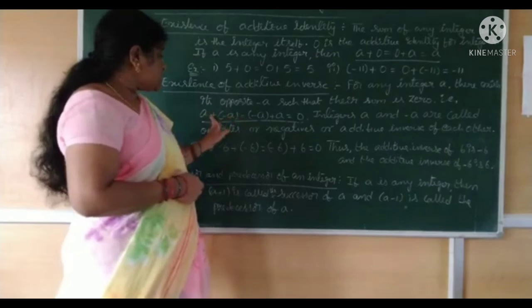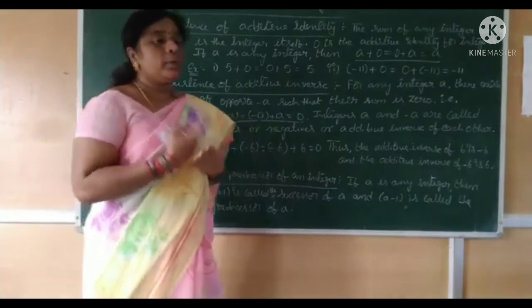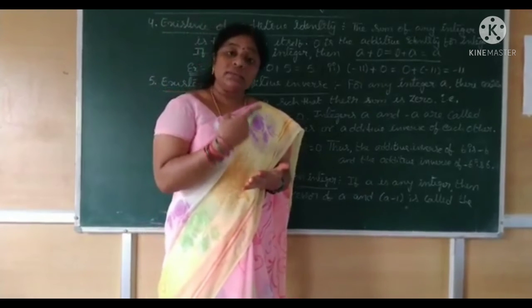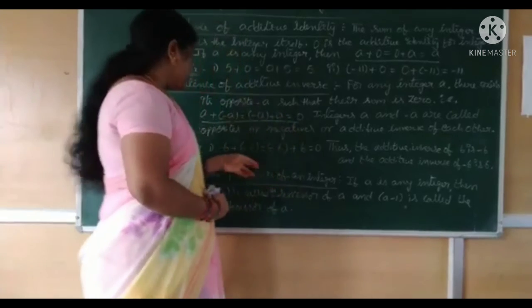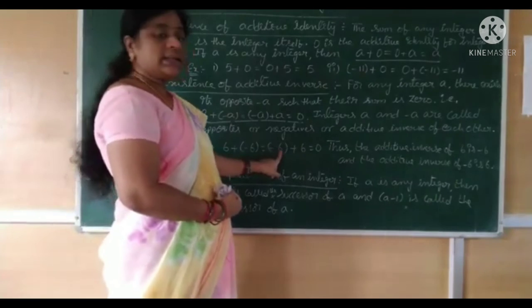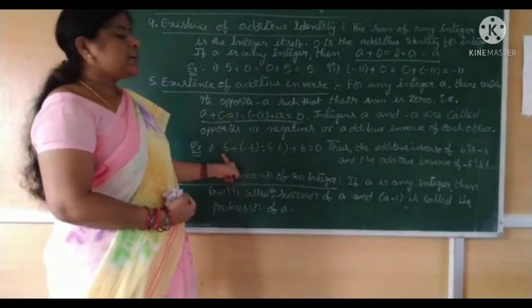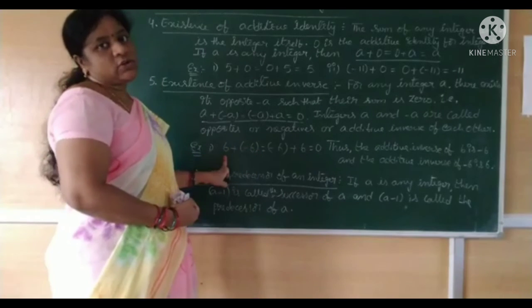Here the integers a and minus a are said to be opposites or negatives or additive inverses of each other. So the example here: 6 plus minus 6 equals minus 6 plus 6 equals 0. Thus, 6 is the additive inverse of minus 6 and minus 6 is the additive inverse of 6.